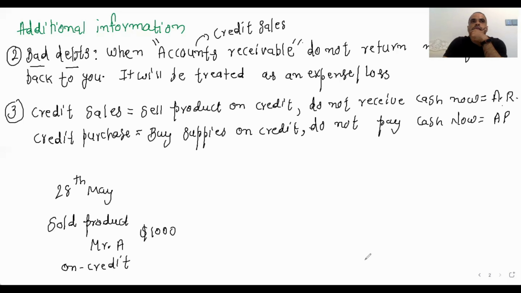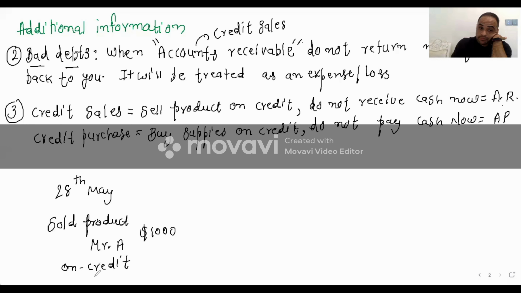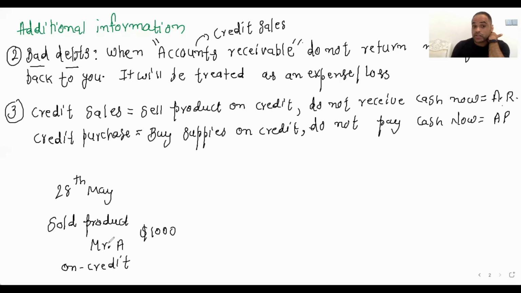Maybe cash account debit and account receivable account credit. Why cash account debit? Did you receive cash? No. So why cash?